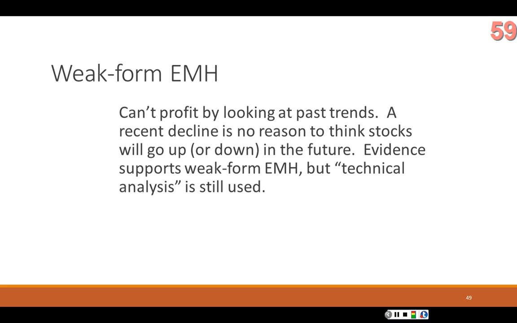The fact that a stock's price has risen over the past 3 days would give us no indication of what would happen today. If there were a reliable pattern, other investors would catch on and it would soon disappear. So you can't profit by looking at past trends. Evidence supports weak form efficient markets hypothesis but some still use technical analysis.